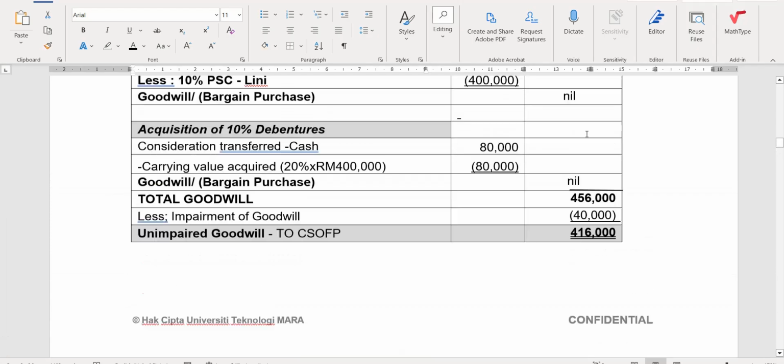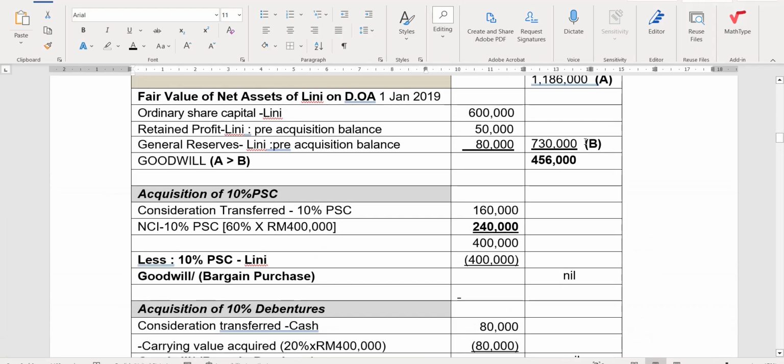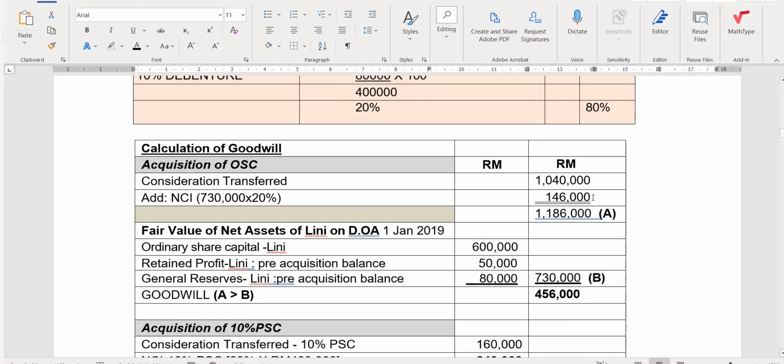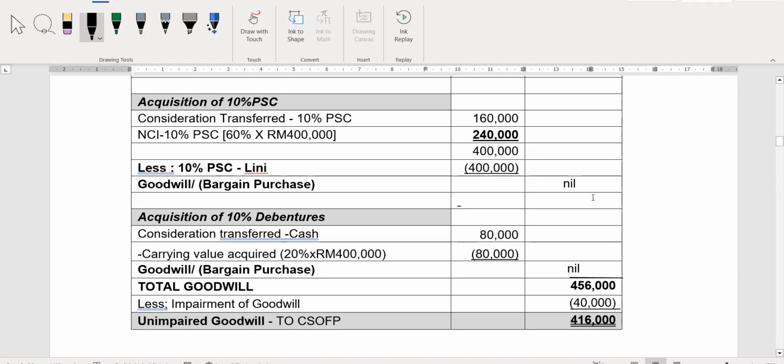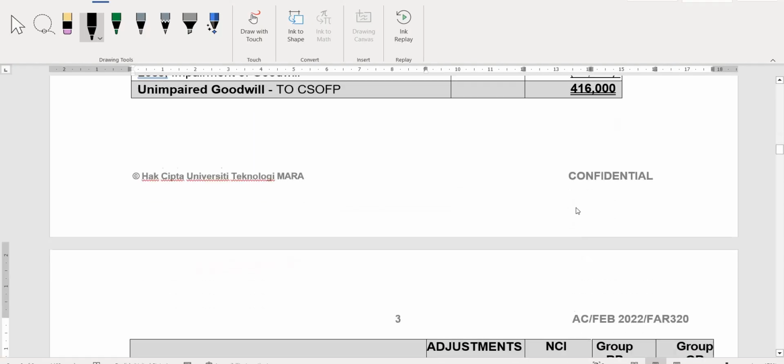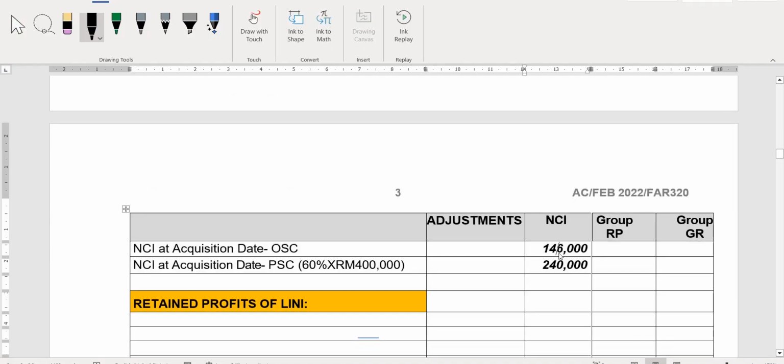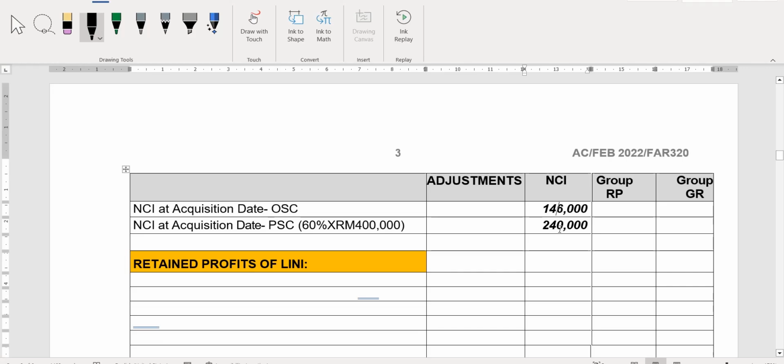So you can find two non-controlling interests, which is the one here, and the second one here. That will be included in the calculation here. So I put in this non-controlling interest column 146 and 240.